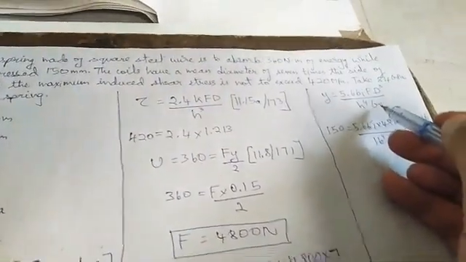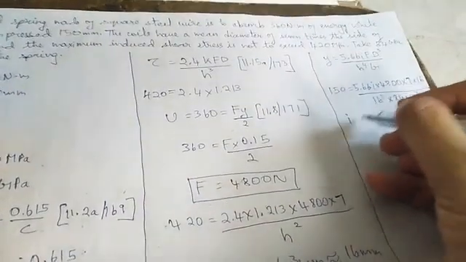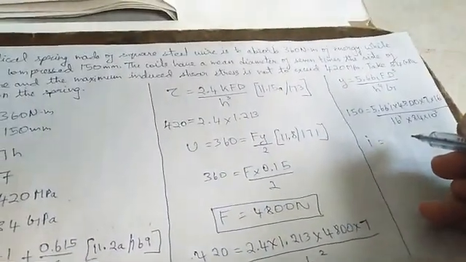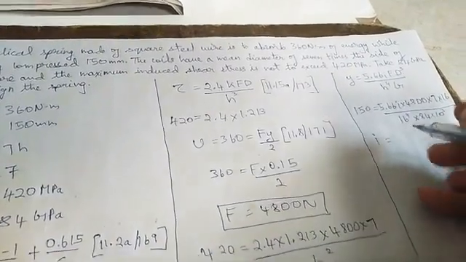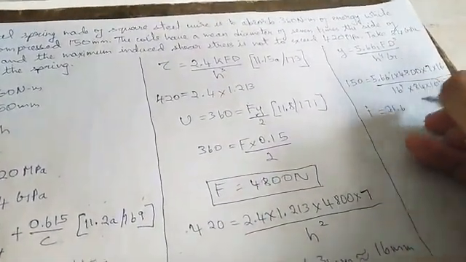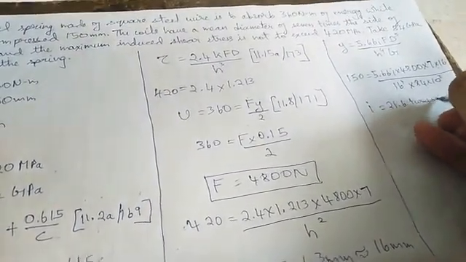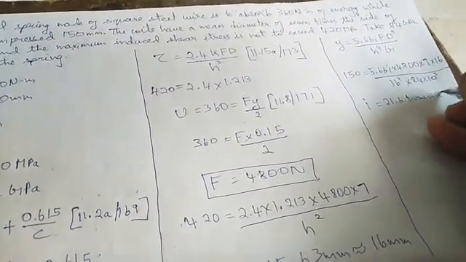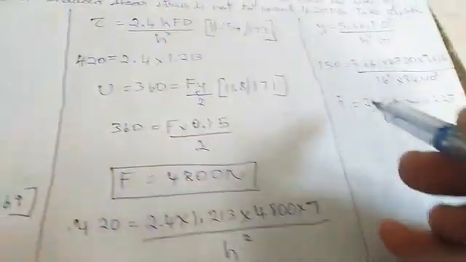The value of G is 84 GPa. By solving this equation I will get the number of turns i as 21.6 turns. So we'll approximate this to 22 turns.